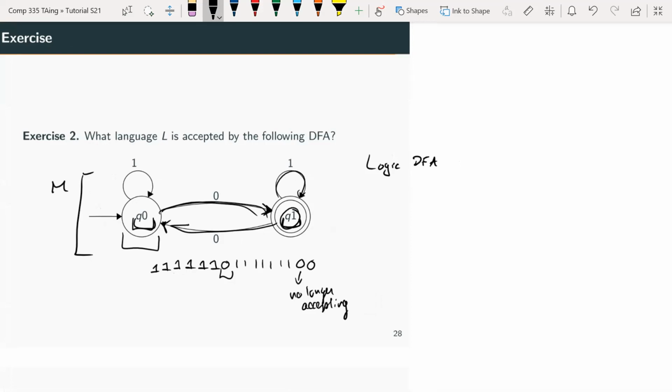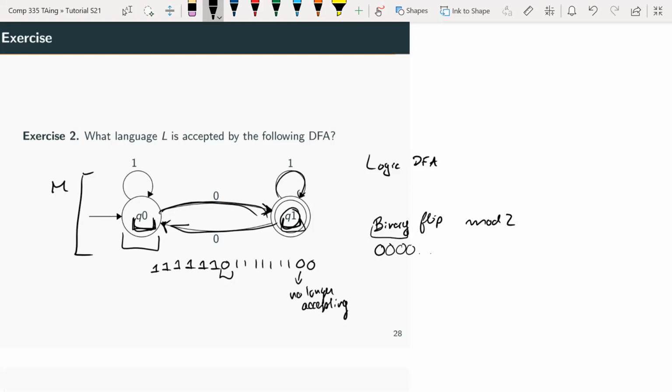You can see that there's a kind of binary flip here. If you start at Q0 and you read a first 0, you flip the switch to say accept. If you read another 0, you flip the switch to say reject, and so on. When we talk about binary, that's very close to something like mod 2.